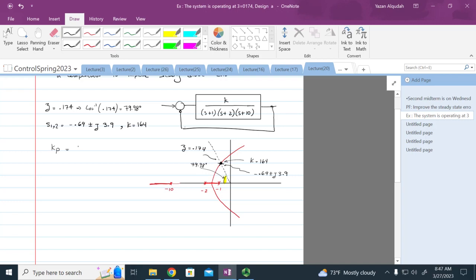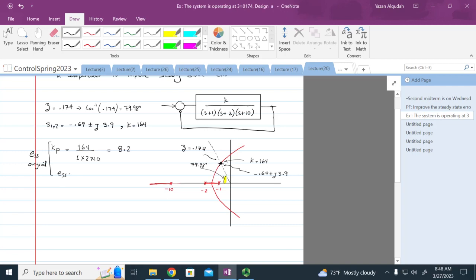Kp is going to equal 164 divided by 1 times 2 times 10, which is equal to 8.2. So this is the original steady state error without the compensator.